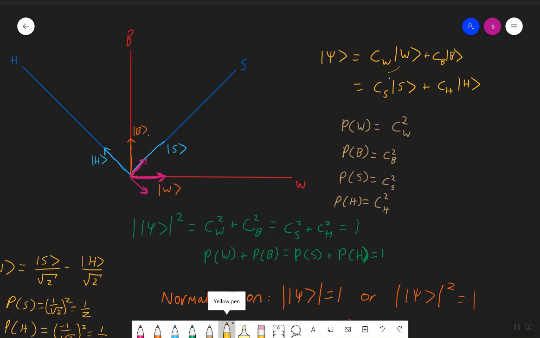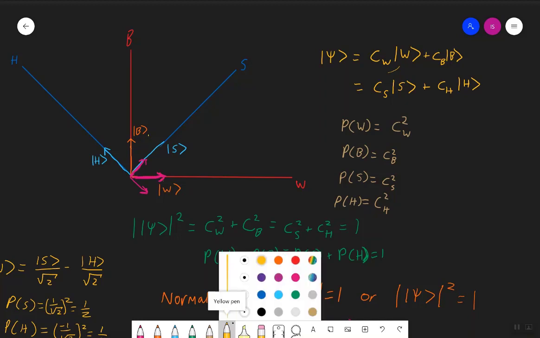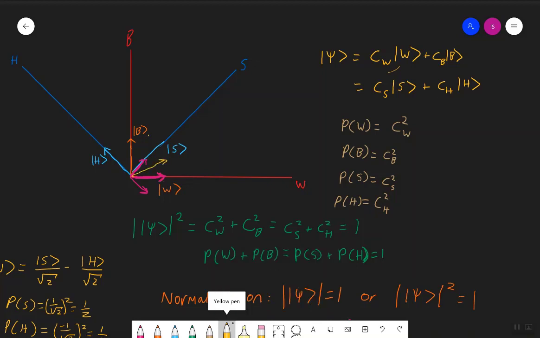This is writing psi as a superposition of being soft and hard. What this superposition means, essentially, is that it has a probability of being one and a probability of being the other. But before we measure it, if we take, for example, this state psi here, let's make this psi.